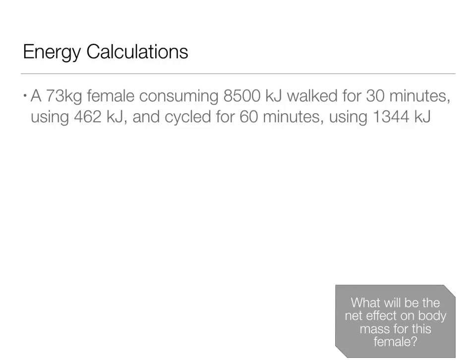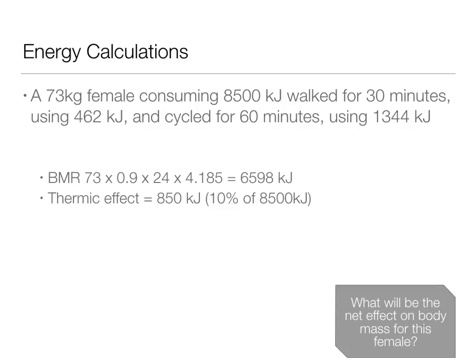To work out her total energy expenditure, you first need to calculate her BMR, which would be 73 kilograms multiplied by 0.9 multiplied by 24 multiplied by 4.185, which comes out to be 6,598 kilojoules. Make sure you can do this calculation.